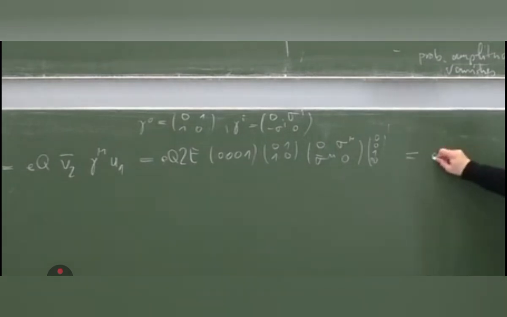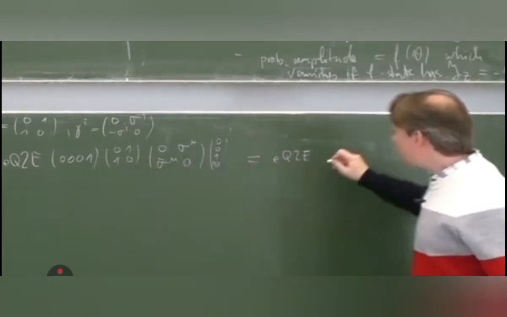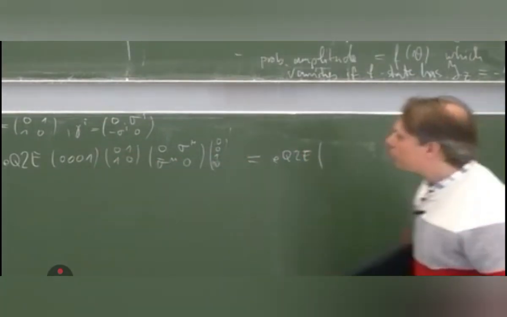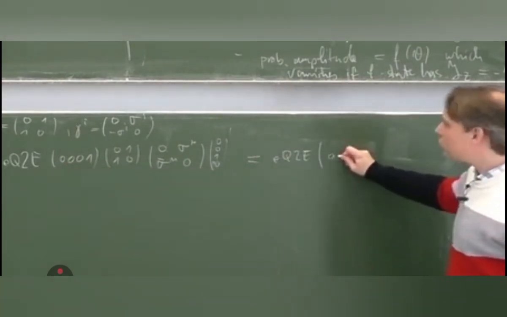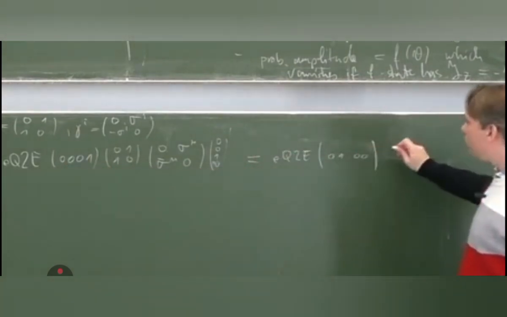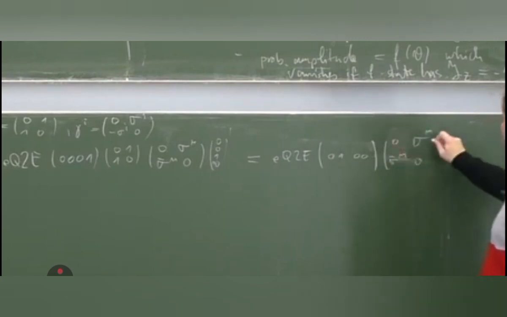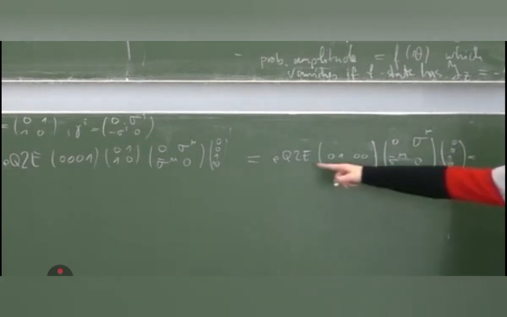Okay, EQ times 2E, then times that just flips the order of the 2 by 2 blocks. So then we get 0, 1, 0, 0 times that. And what is the result of this expression?